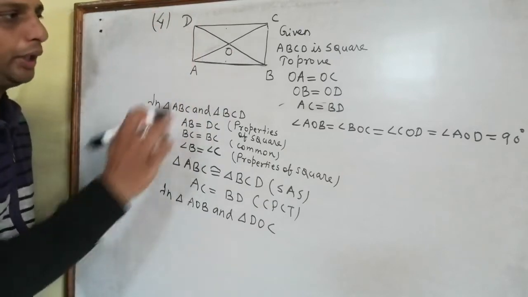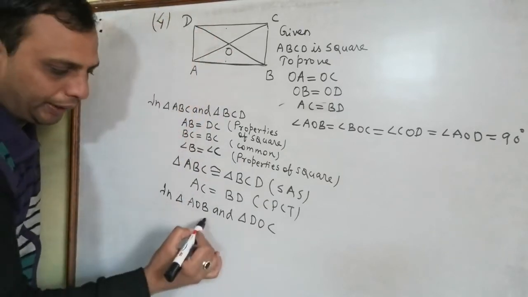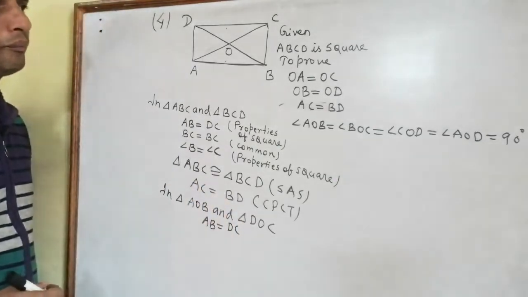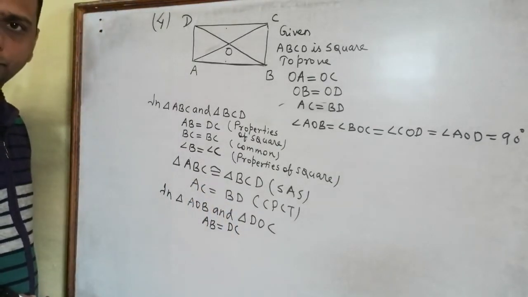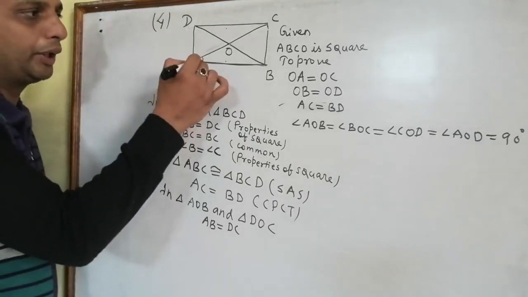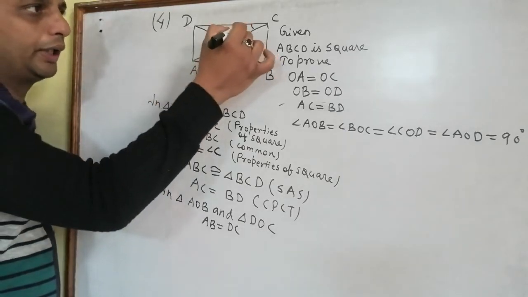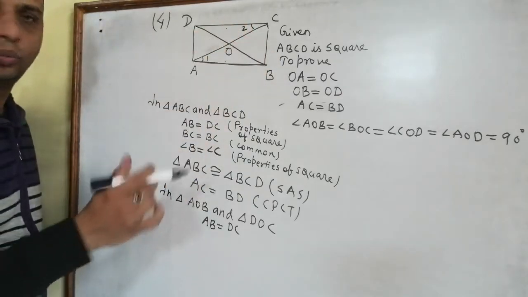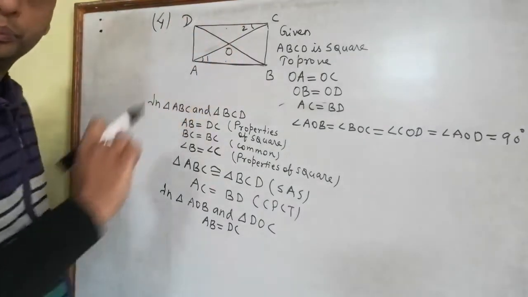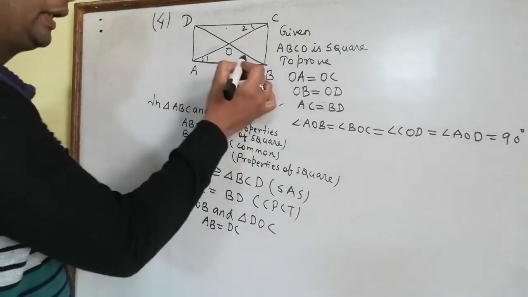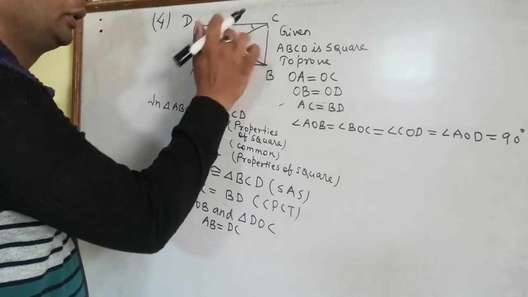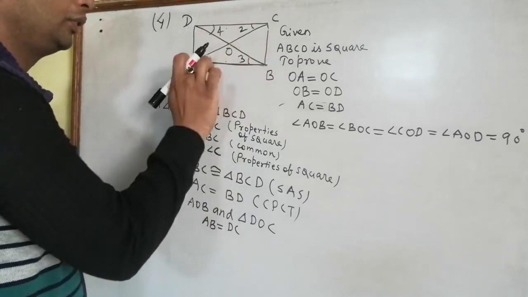AB equal to DC is given, we can write AB equal to DC because opposite sides of a square are equal. This angle we can write as angle 1, and here 2. Here we can write 3, and here 4.